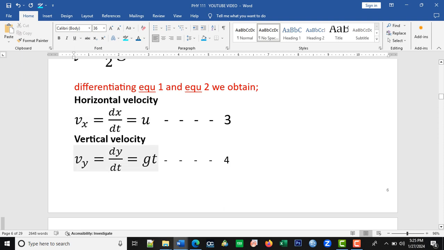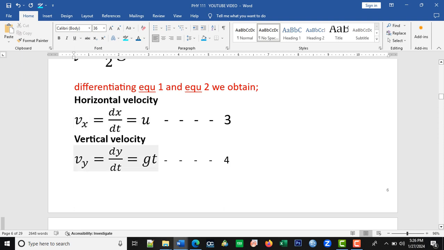So we are going to find the square of the horizontal velocity and the square of the vertical velocity. That is what will give us the magnitude. If we don't use vx, we can use u depending on what is given.